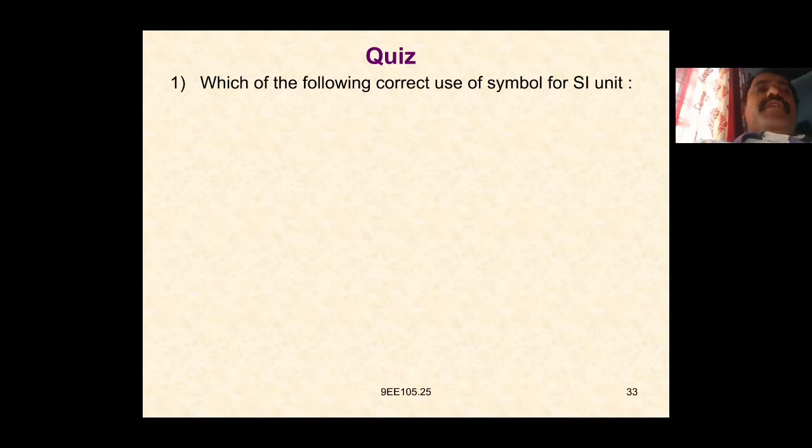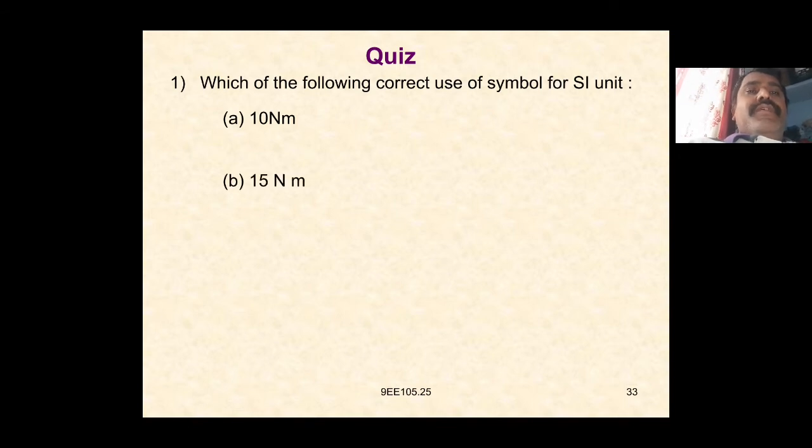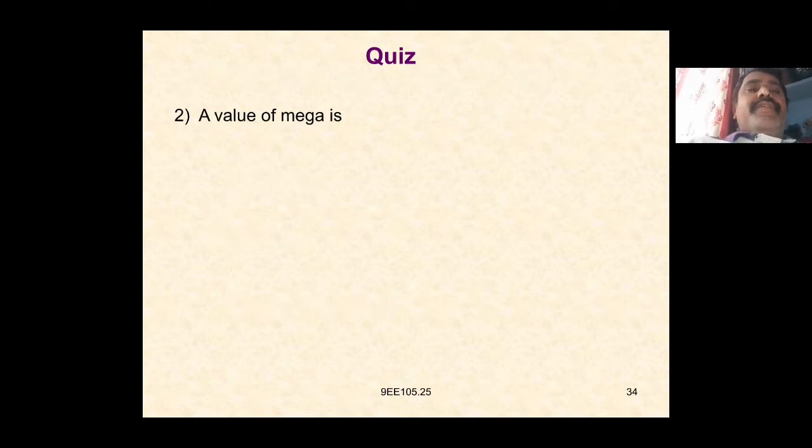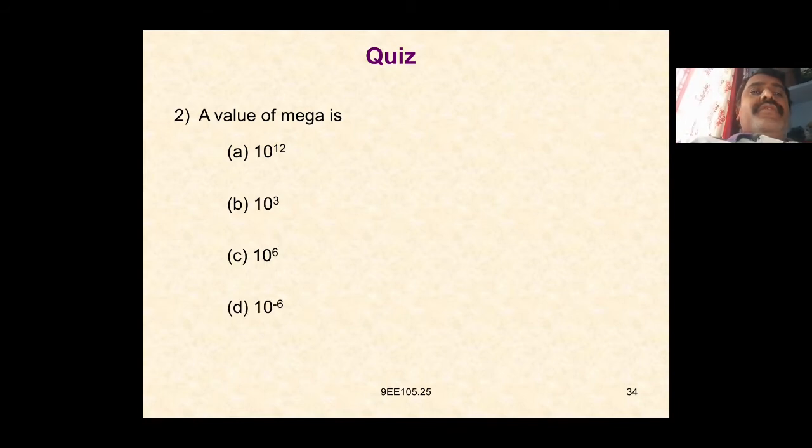Which of the following is the correct use of a symbol for an SI unit? 10 Newton meters, 15 Newton meters, 20 Newton meters, none of the above. The value of mega is 10 to the power of 12, 10 to the power of 3, 10 to the power of 6, or 10 to the power of minus 6. That is 10 to the power of 6.